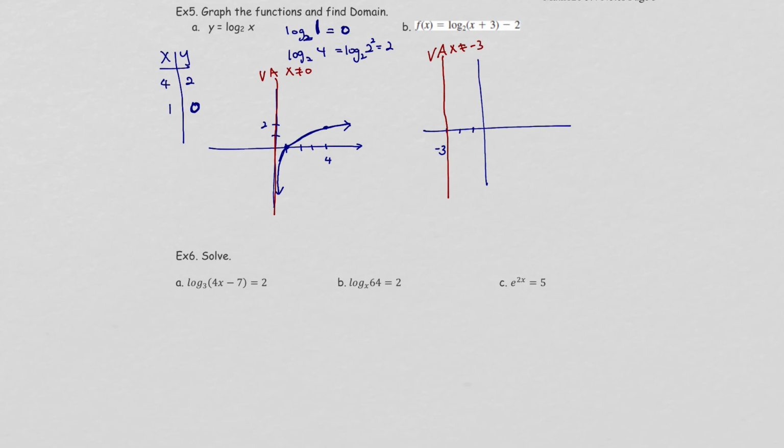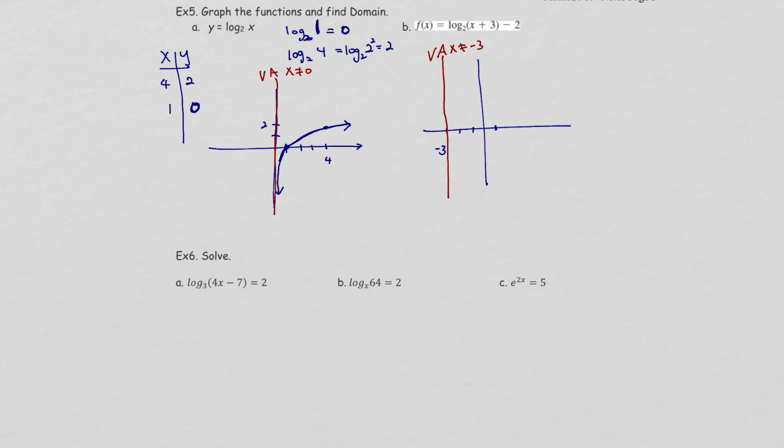It means your x-intercept should be going left 3 from 1, so it will be negative 2. Negative 2, and again, you need to go down 2 also, right? So let me erase that.